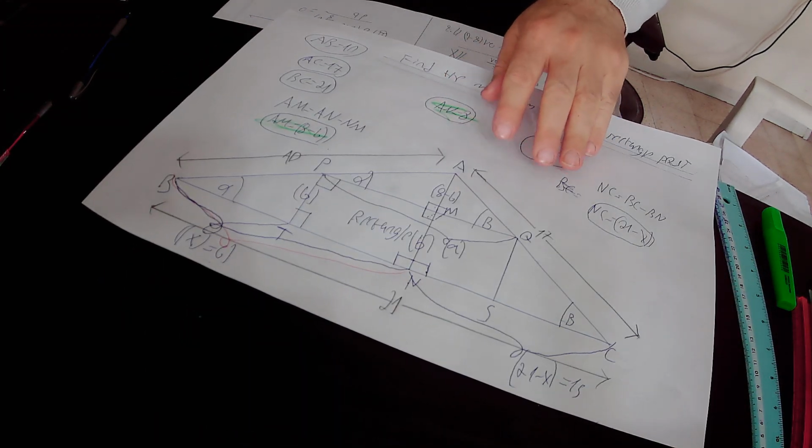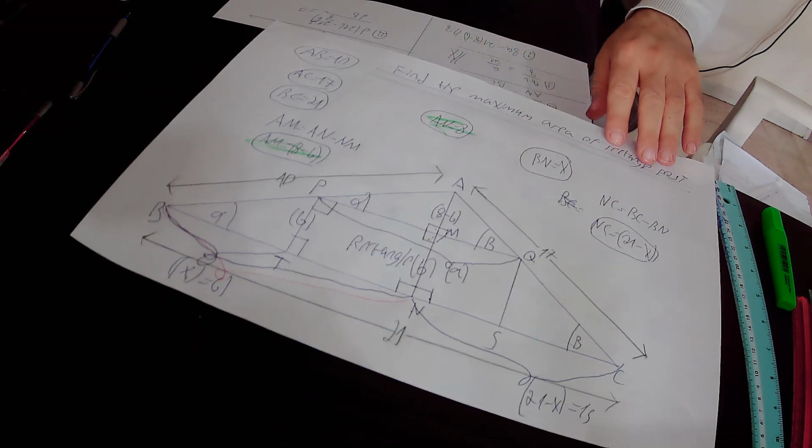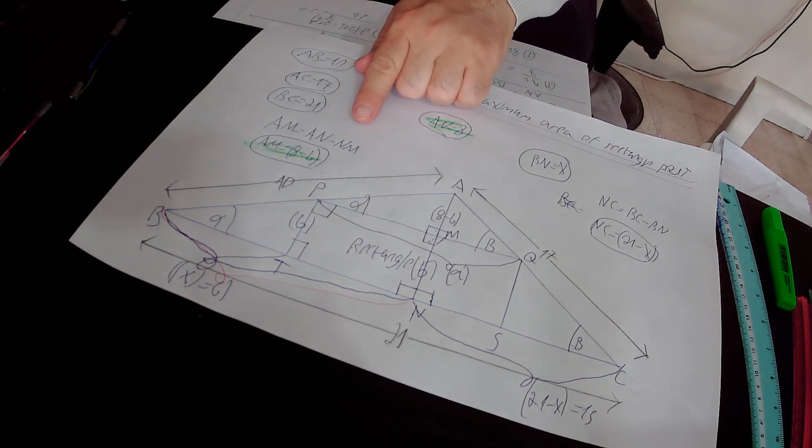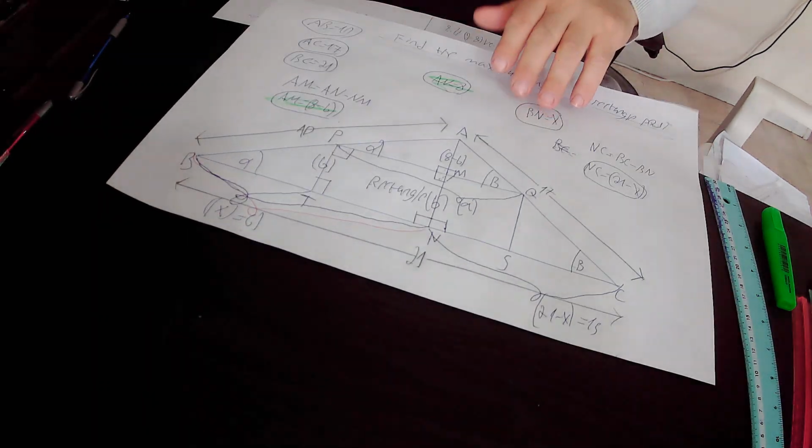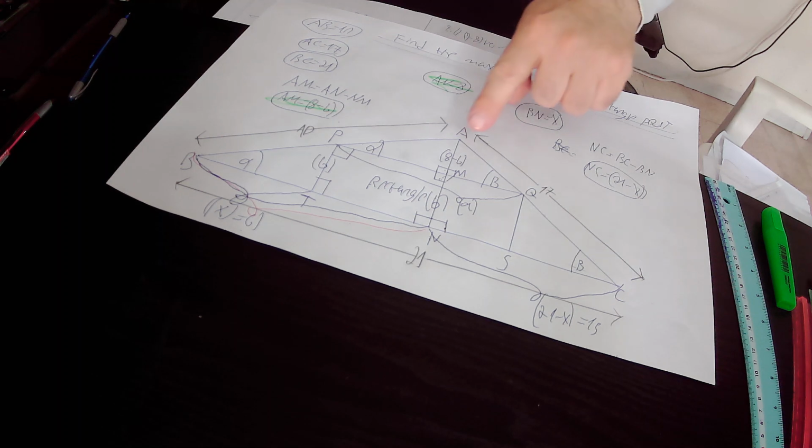AM equals AN minus MN. Repeat again. AM equals AN minus MN. So AM equals AN, that is 8, minus MN, that is B. So in total, AM equals 8 minus B.